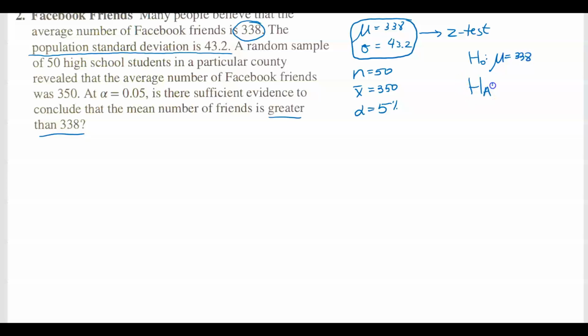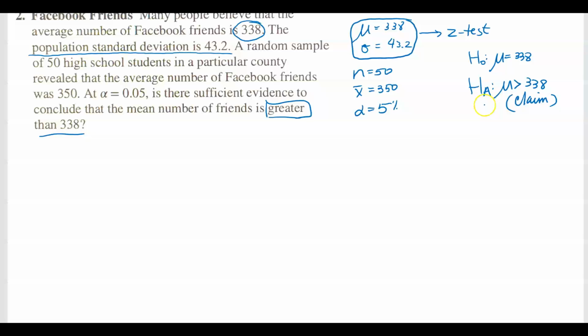But the alternative is the mu is greater than 338 because they told me greater than 338. So this is also my claim, okay? Remember, even though my claim is the alternative, I'm only testing the null. My null hypothesis is that it is the status quo.